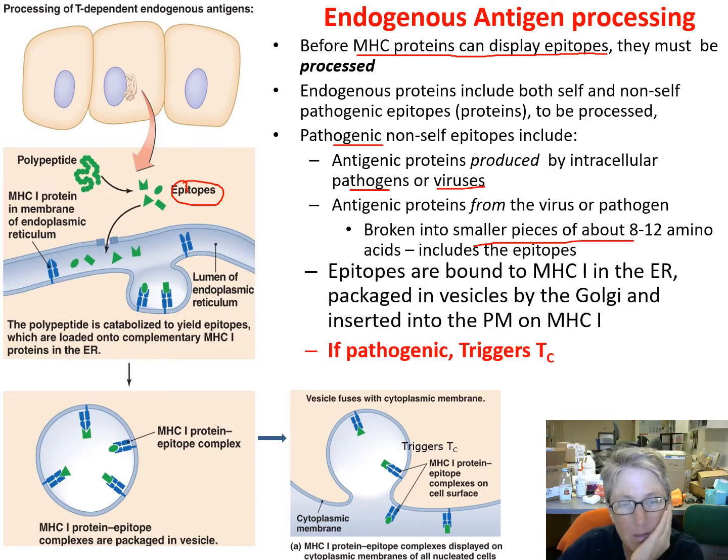Then the epitopes are bound to the MHC1 here in the endoplasmic reticulum. They're packaged into vesicles by the Golgi apparatus, and then inserted into the plasma membrane. If these are pathogenic epitopes, you trigger a cytotoxic T cell and it kills you because you got infected.